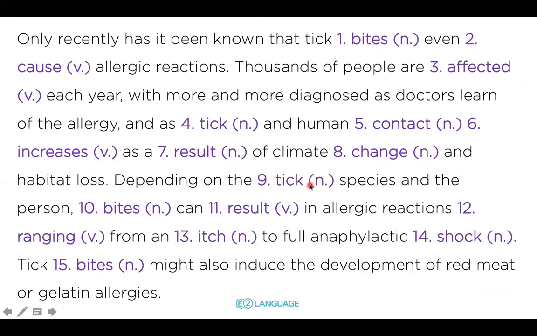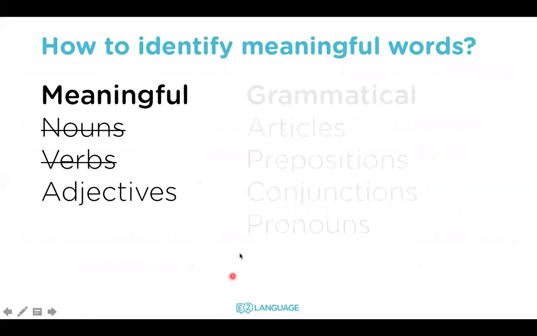Depending on the tick, noun, species, and the person, bites, noun, can result, verb, in allergic reactions, ranging, verb, from an itch, noun, to anaphylactic shock, noun, thing. Tick bites, thing, might also induce the development, and so on.